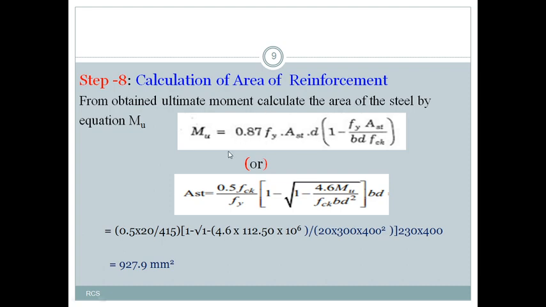If you calculate Ast with the first formula, you will get a quadratic equation. Solving a quadratic equation in a given limit of time is time consuming. Because of that, we have one more formula, where we can directly calculate after substituting the corresponding values. Otherwise we get a quadratic equation, for which we have two roots, and we have to choose the positive, or minimum, root as our Ast.